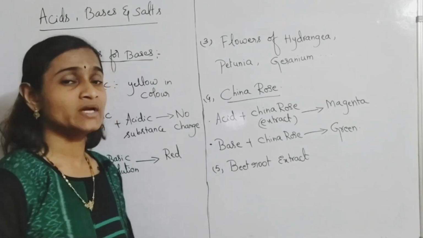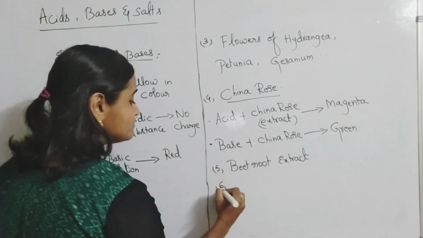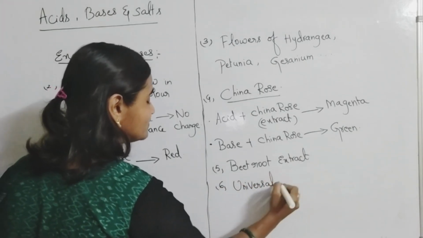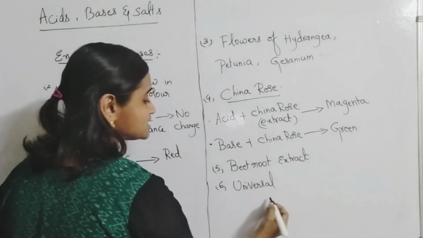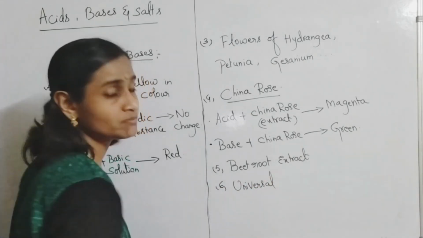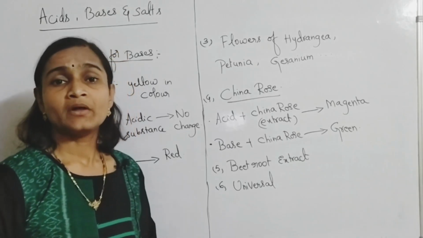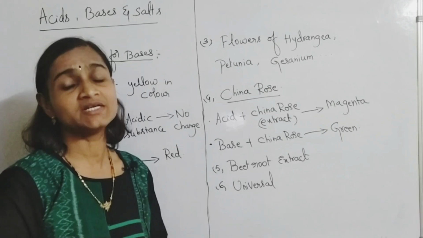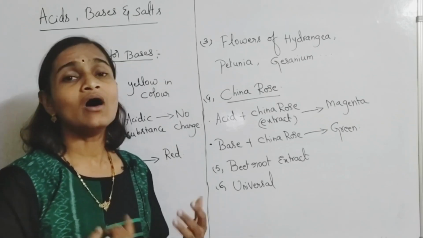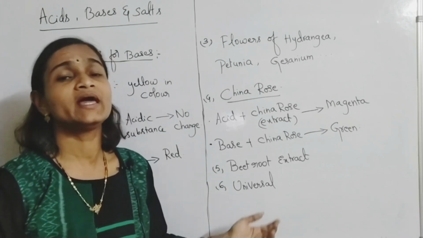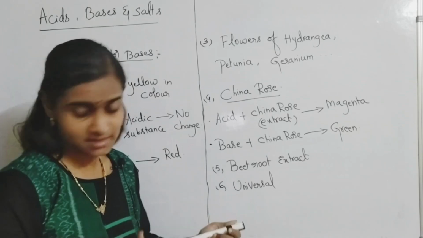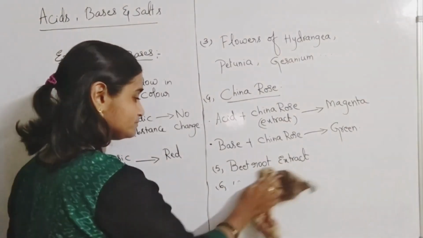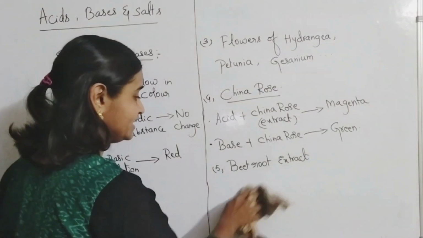You also have universal indicator, though it is not natural. All synthetic indicators, if you mix them, you will get universal indicator. But beetroot is, of course, a natural indicator.